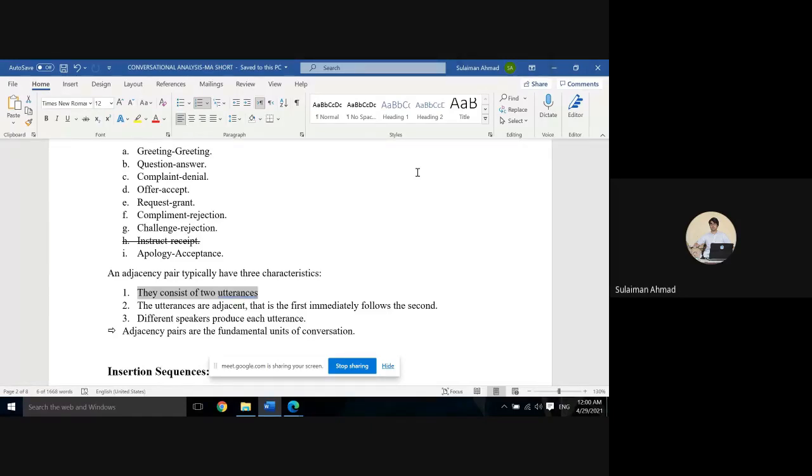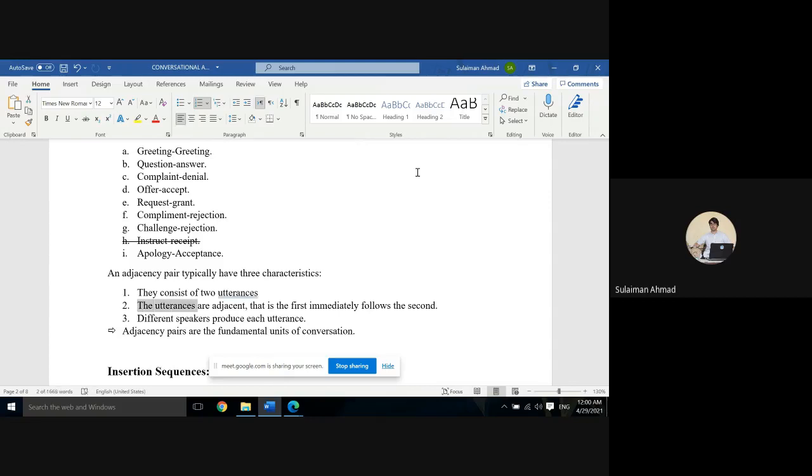Let's suppose if I say Assalamu alaikum and no one responds, so that is not an adjacency pair. That is not a pair, because a pair means two, right? If there is one utterance, that is just an utterance, that is not a pair, right? So that can never be an adjacency pair, right?